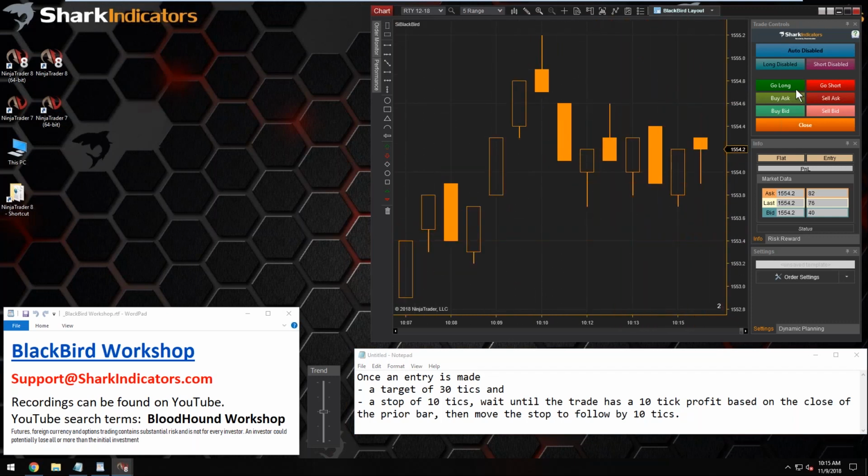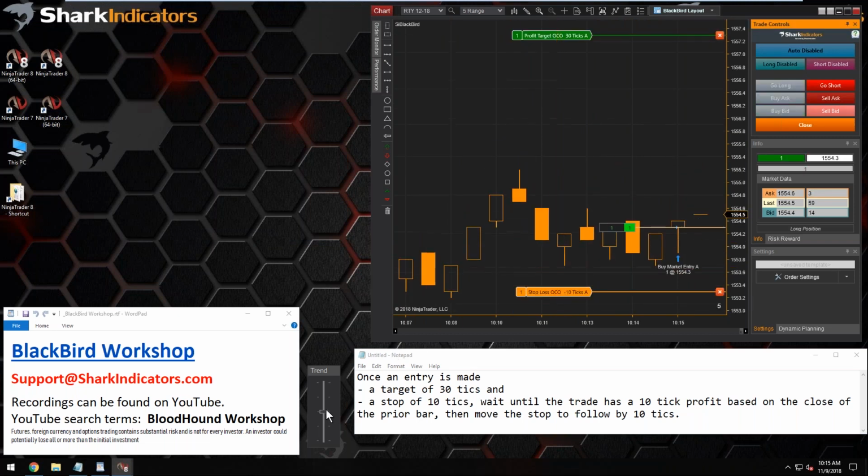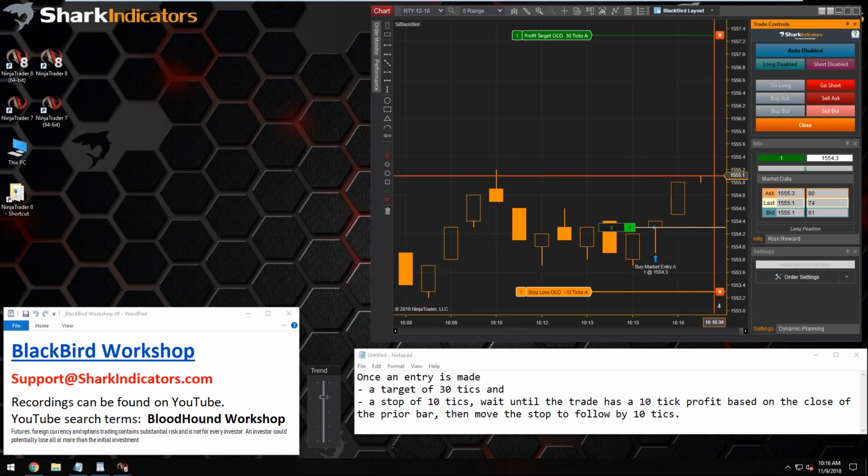All right, so let's see here. I'll just go long and we'll move the market up here. Actually, I should have entered kind of halfway in the middle of this range bar. It would have been an easier test, but we'll see here. All right, so there's 8 ticks, and there's 9 ticks. And there was 10 ticks right there.